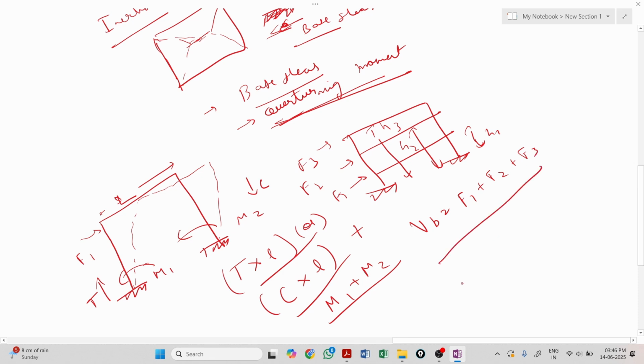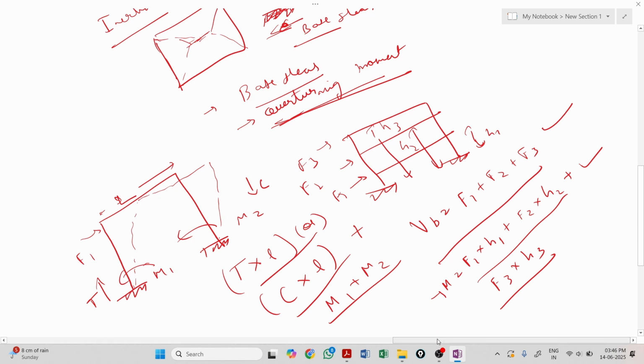This is how we should do it. And if you want to find overturning moment, we should do something like this: F1 into H1 plus F2 into H2 plus F3 into H3. This is how you guys have to do it. So this is base shear and moment, that is overturning moment.